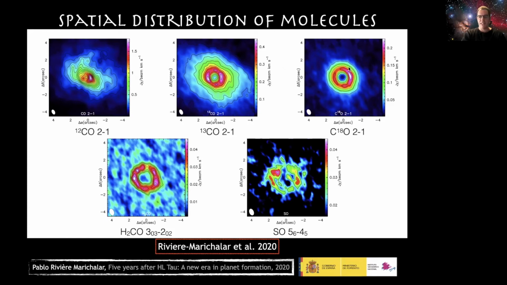In the C18O map, we see something that is quite similar to the continuum map. In formaldehyde, we see something very similar to C18O, but with strong azimuthal asymmetries. And in the sulfur monoxide map, we also see these very strong azimuthal asymmetries, and also a filamentary structure that seems to be coincident with the one observed in HCO+.